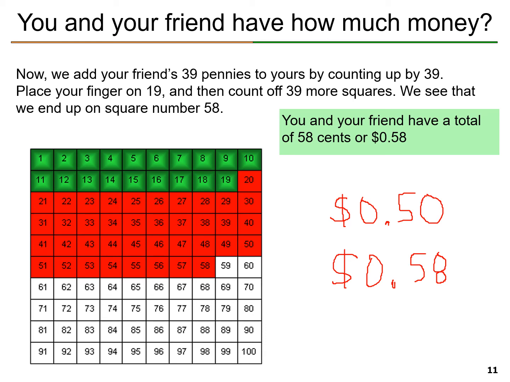So according to our comparison recipe, we have to go to the next largest place, which is the hundredths place.